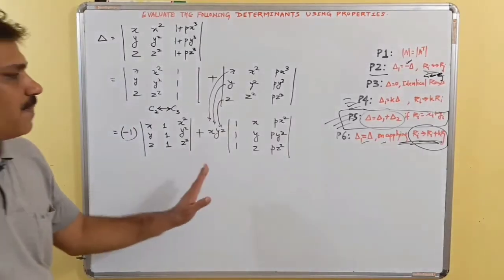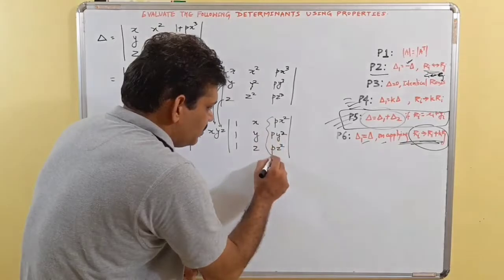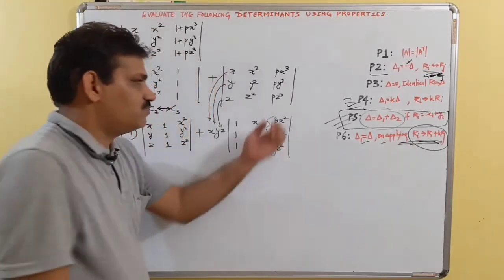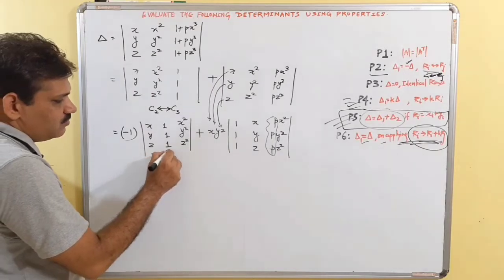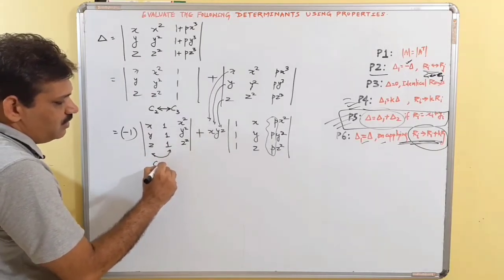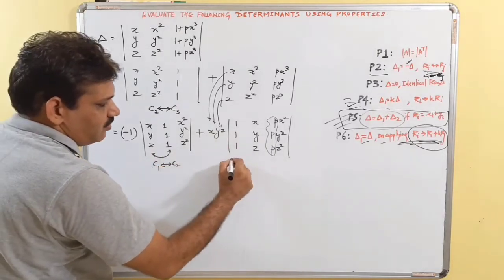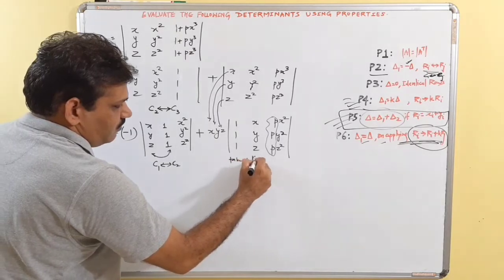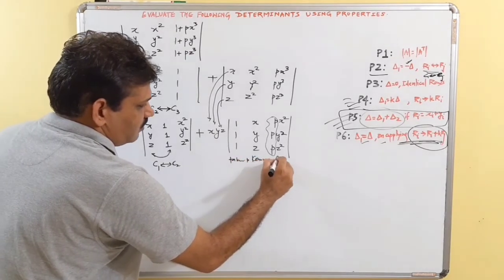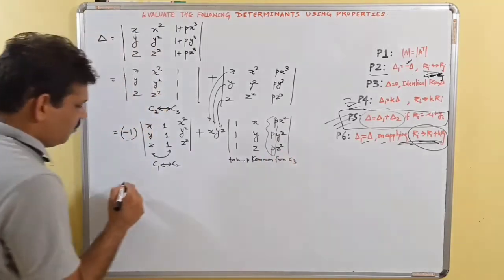Now we can see p is common in all the terms of C3. Meanwhile, if we interchange these two, C1 is now interchanged by C2, and taking p common from C3.